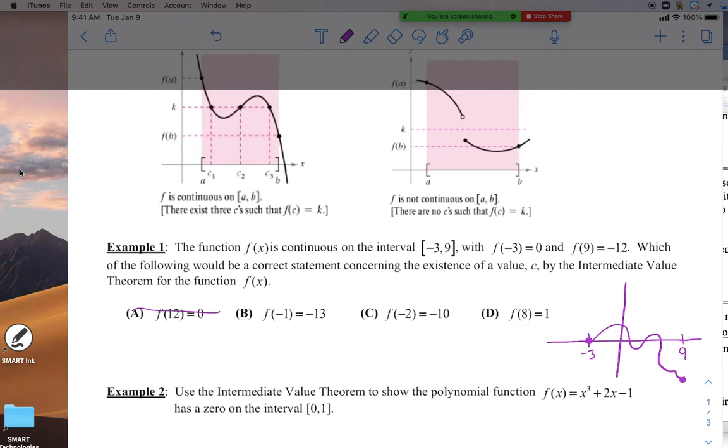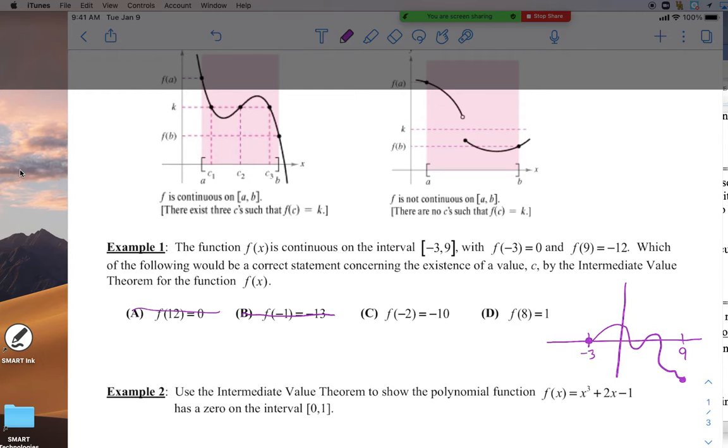F of -1 equals -13. What's wrong with this piece? It's not between the 0 and the -12, so that's a no. F of -2 equals -10.